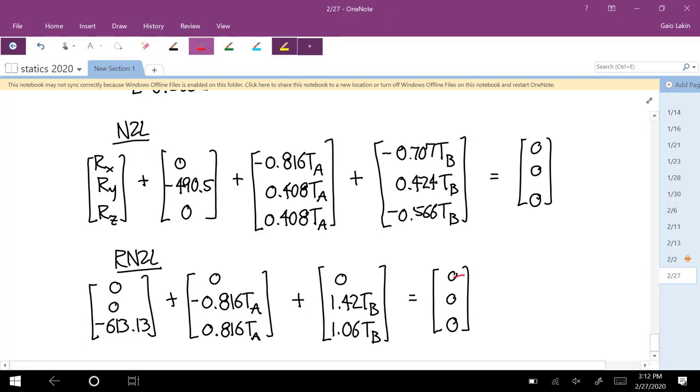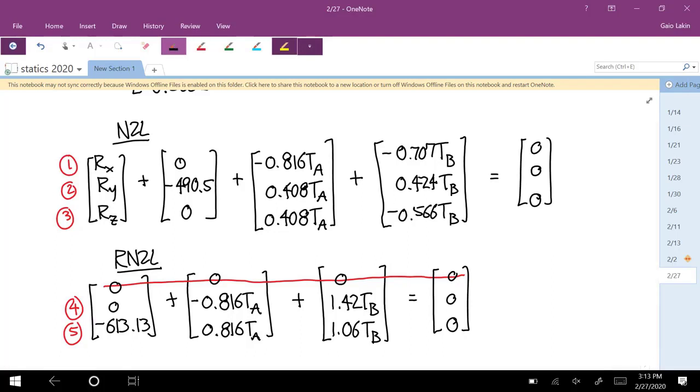And you can see this x equation doesn't help. And so we have 5 equations for 5 variables: equation 1, 2, 3, 4, 5.